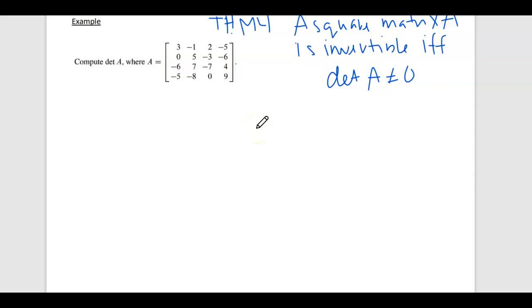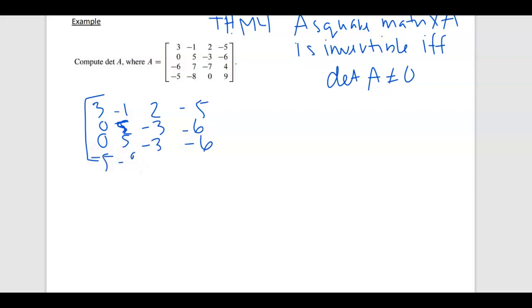All right, so let's go ahead and look at this example here. I'm going to go ahead and add in 2 times row 1 into row 3. And when I do that, I now have 0, 5, -3, -6. And then in this third row, I have 0, and that's a positive 5 there, -3, -6, and I'm just going to put in this last row here. So I have a repeat row here.